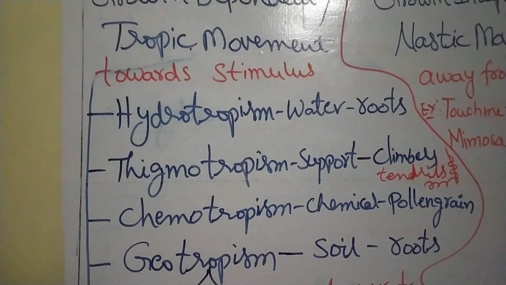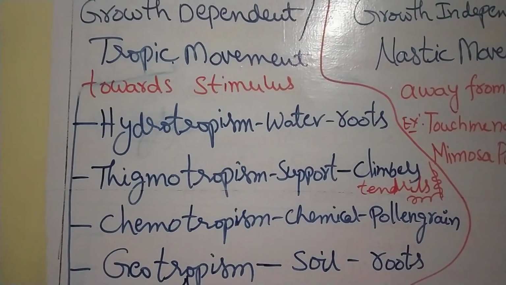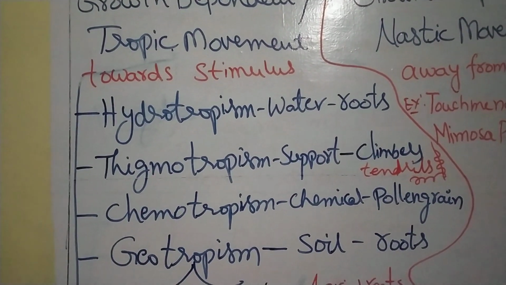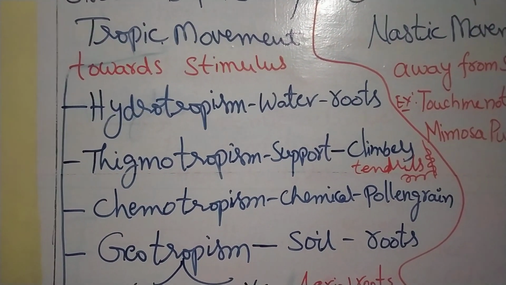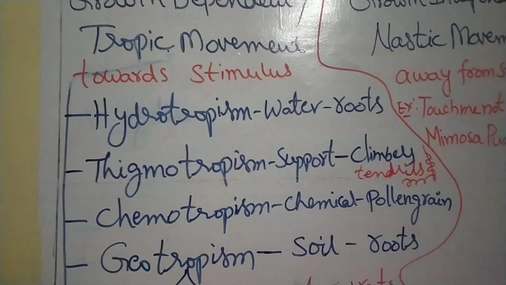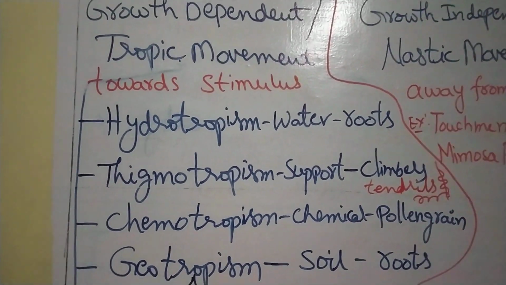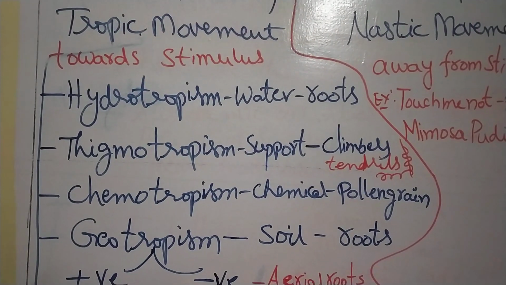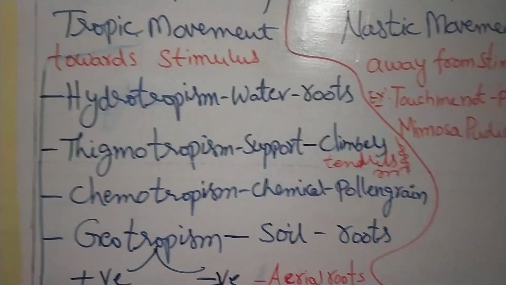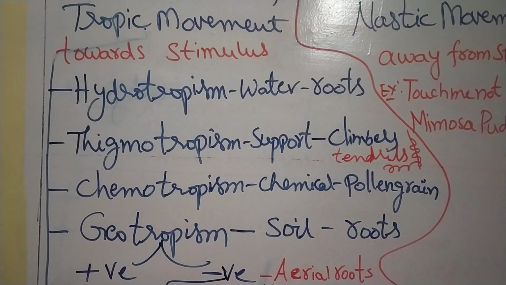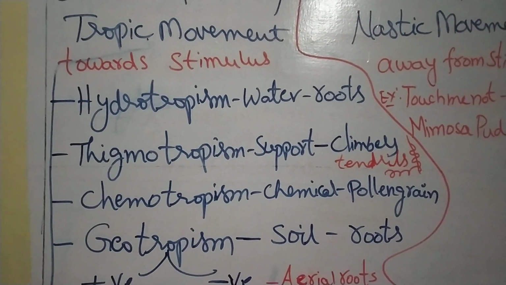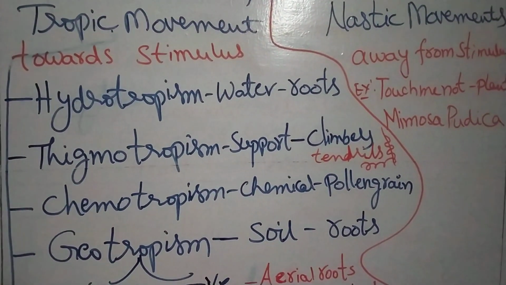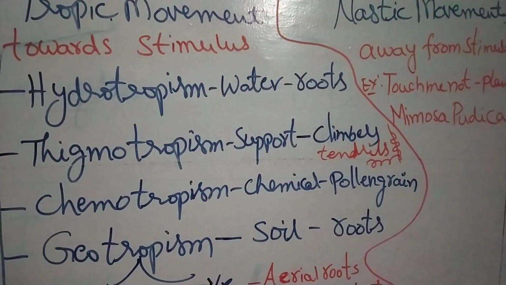The next type of movement is thigmotropism. What is thigmotropism? Movement of a part of the plant towards a support. Which plants move towards support? Weak plants. What are weak plants, children? Climbers and creepers, like jasmine plant, money plant, watermelon plant, bottle gourd, snake gourd and ridge gourd.